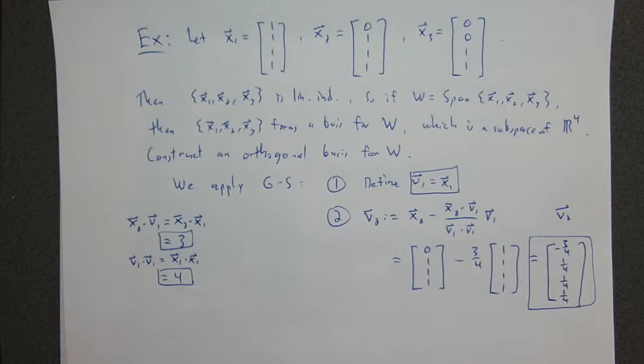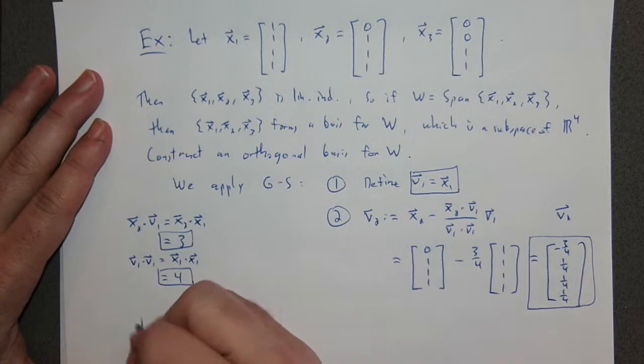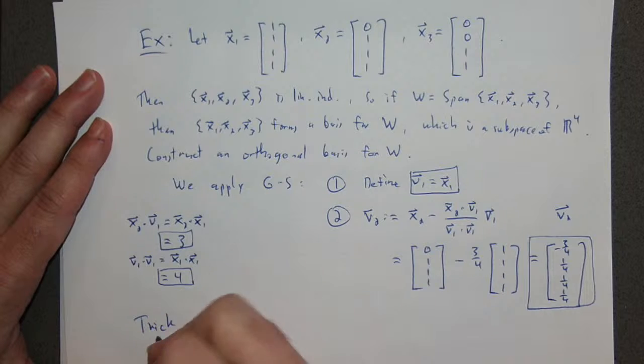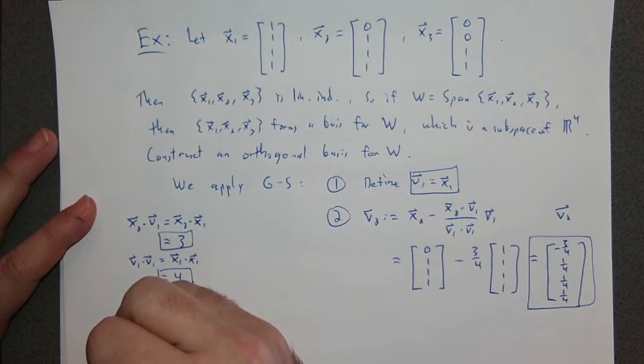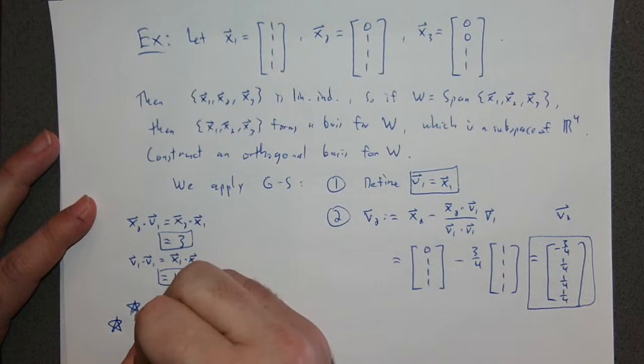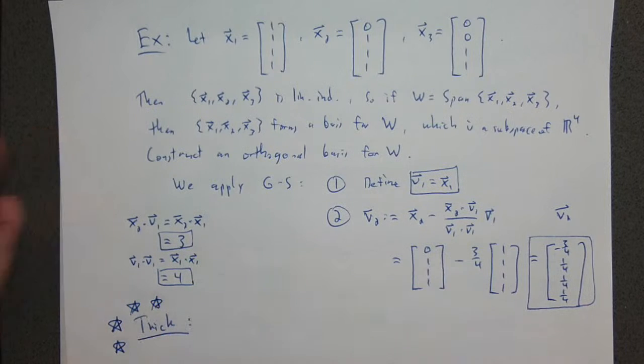Okay, but here, trick time. Here is a trick that can be very handy when you're doing this by hand. You have a vector here that is given to you right here. Now, do you need to do this? No, this is totally optional. You don't have to do this.